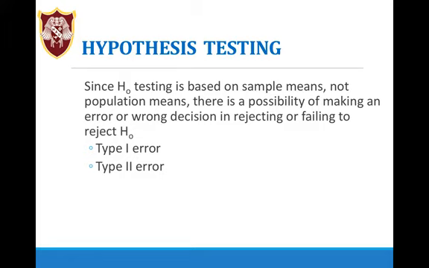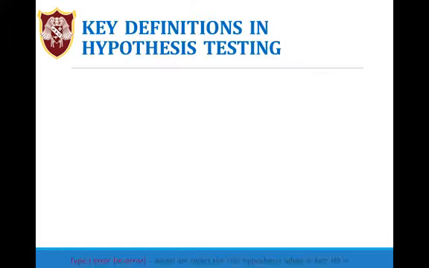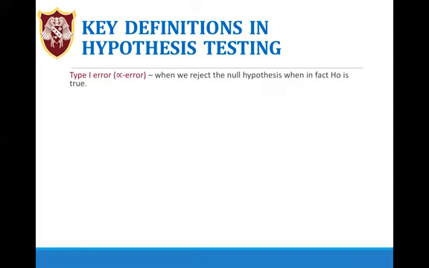These two types of errors are known as type 1 error and type 2 error. Type 1 error is when we reject a true null hypothesis, and type 2 error is accepting a false null hypothesis. Type 1 error is usually denoted by alpha error. So again, that is when we reject the null hypothesis when in fact it is true.